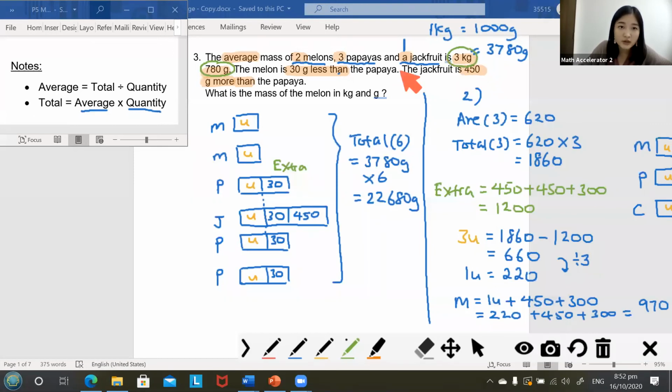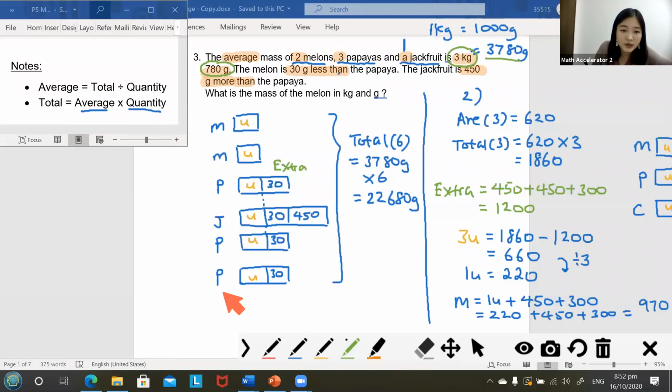So you add 3000 to your 780 grams, you get 3780 grams. Your conversion. Total is average times quantity. So once you have the average, you times the quantity, which is 6 items, you can get the total.